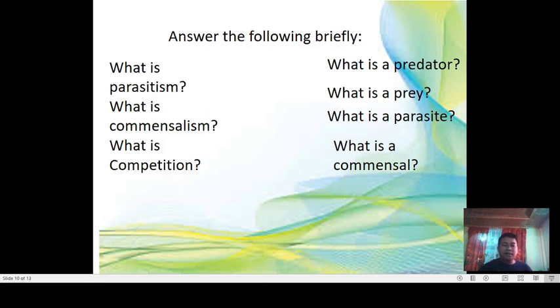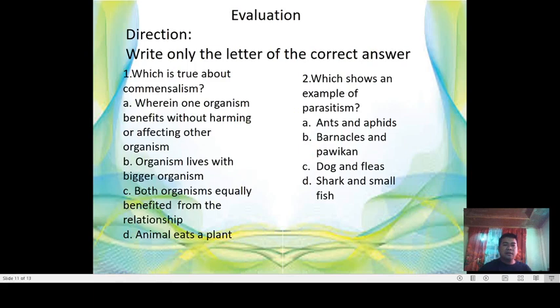Next, our evaluation is only 5 items. The direction is write only the letter of the correct answer. For number 1, which is true about commensalism? Letter A, wherein one organism benefits without harming or affecting another organism.